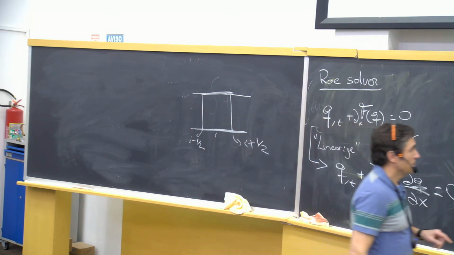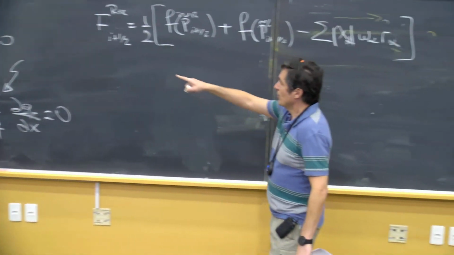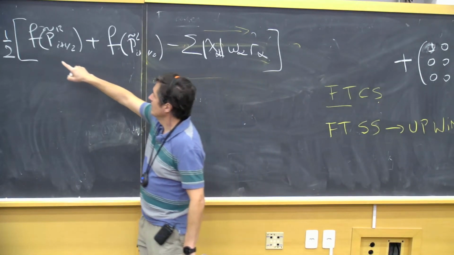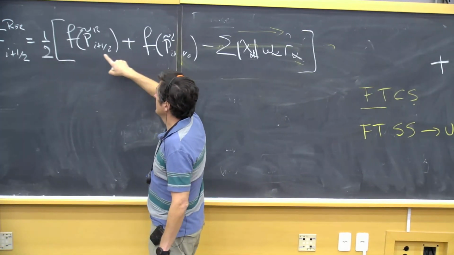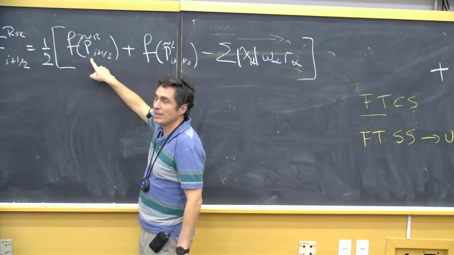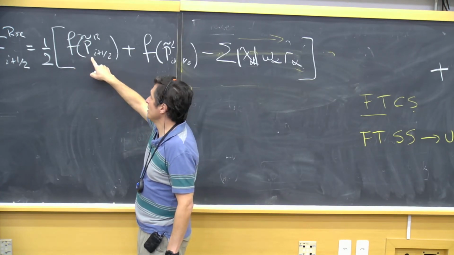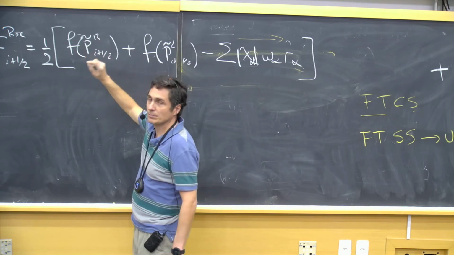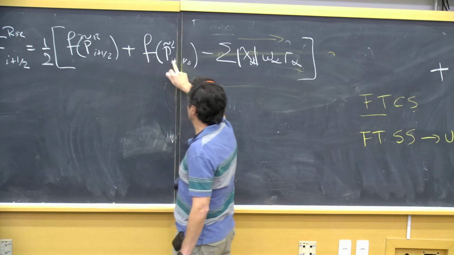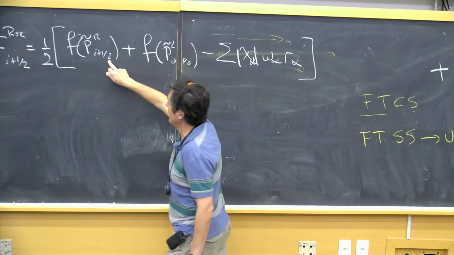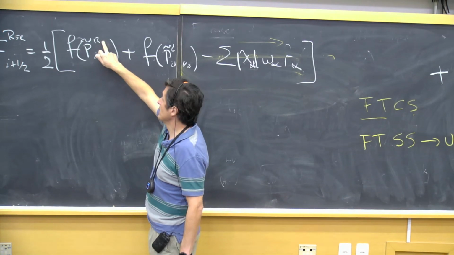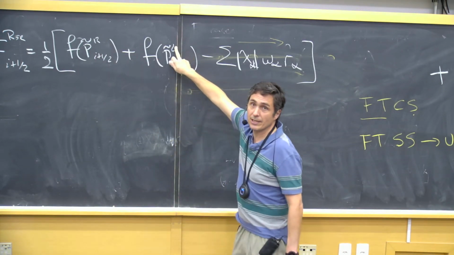So now what I'm doing is computing, or evaluating, that flux by adding several pieces. Let's discuss what this one is. This is the flux that we evaluate. Note that I'm writing P. I'll tell you in a second what that P is, but imagine for the time being that it is Q. At I plus a half, I see R as a superindex here, and I see an L there.